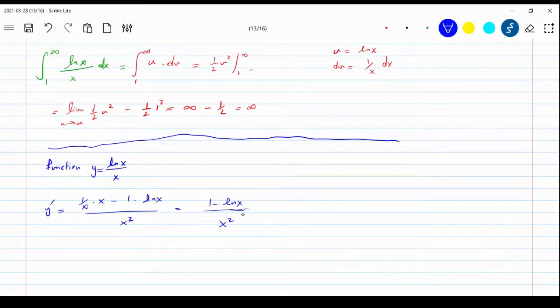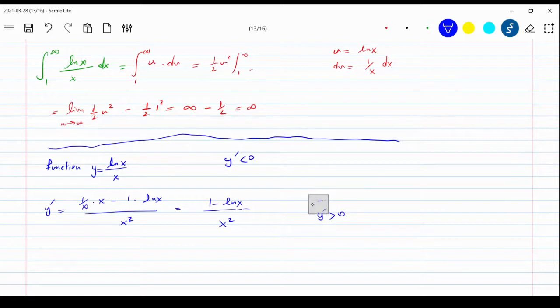Okay, this function, if you want to find out if it's decreasing, y prime must be negative. If I let x be 1, what do I have? I would have a positive value. ln 1 would be 0, so y prime would be greater than 0. So that means the function is still increasing at 1.